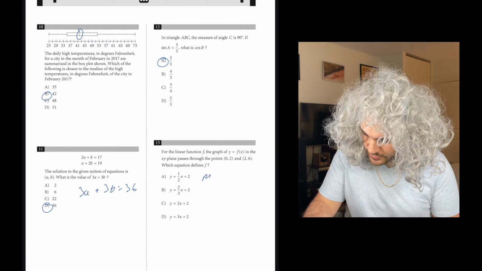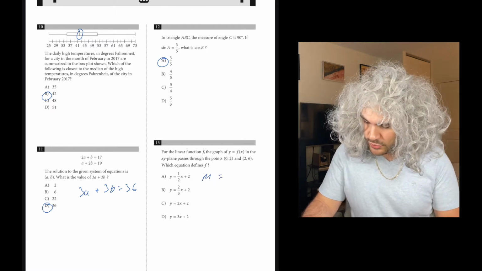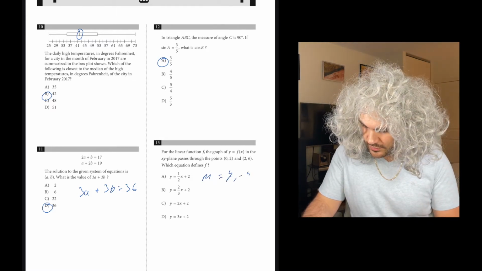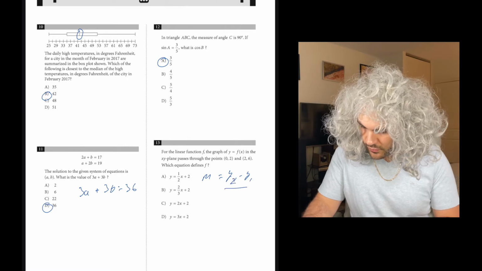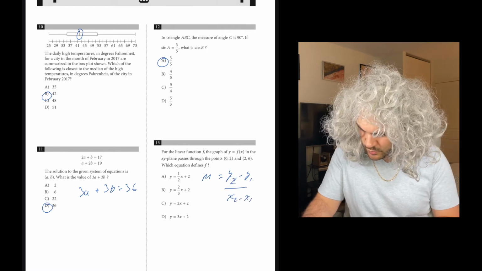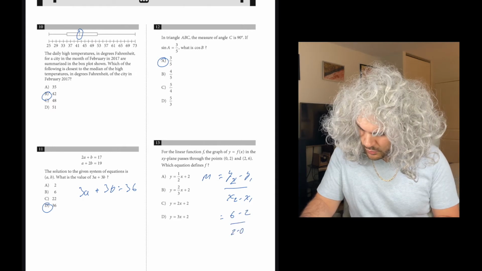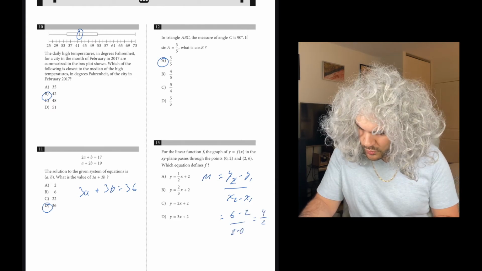Slope is going to be y2 minus y1 over x2 minus x1. So this is going to be 6 minus 2 over 2 minus 0, which equals 4 over 2, which equals 2. So our answer is going to be the one with a slope of 2, which is C.